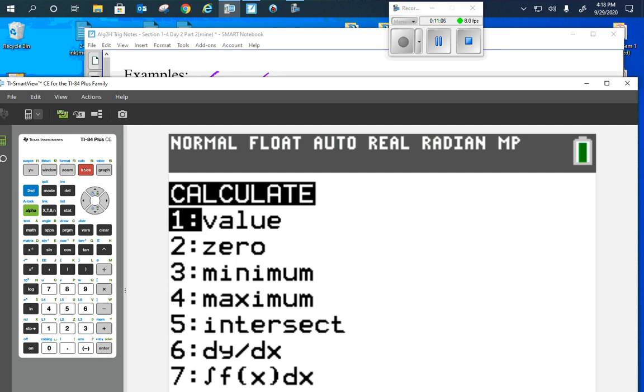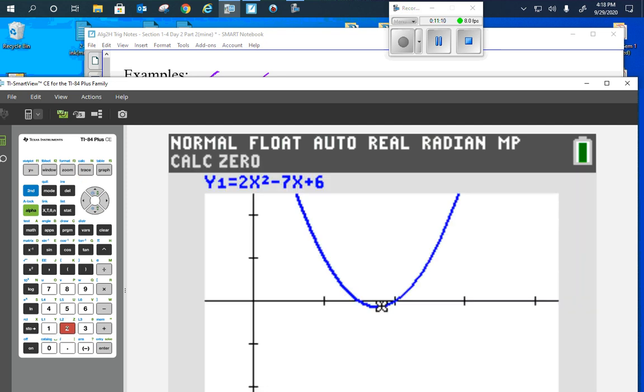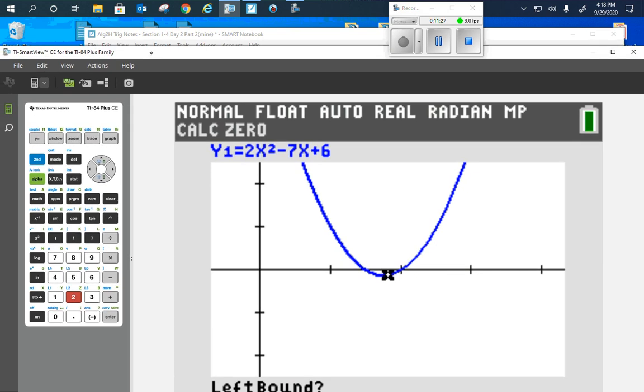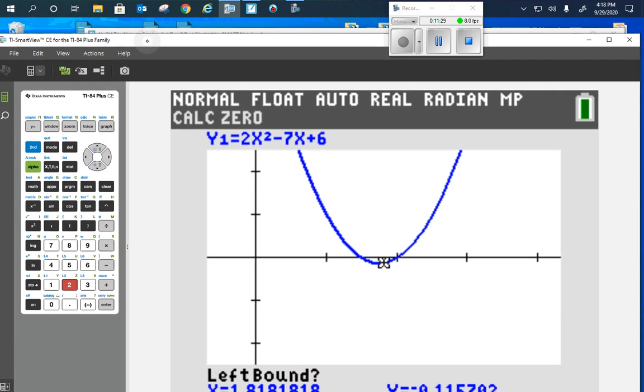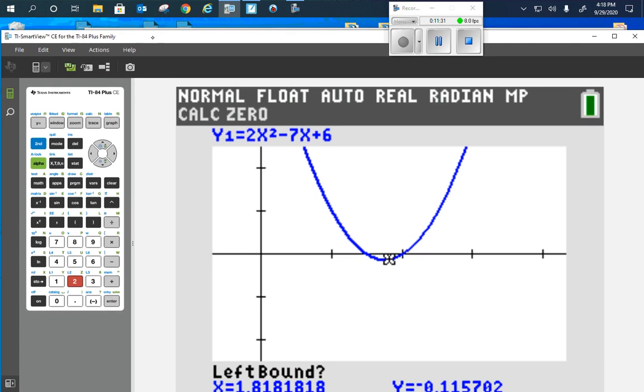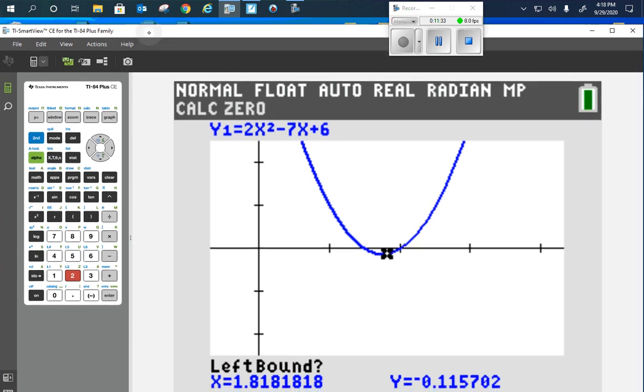So if we want to find the 0, I'm going to go ahead and say calculate number 2. And notice it now says the blue equation. And your cursor is sitting somewhere in the middle. Always, what we said, always use your left and your right arrow key only. Now, I got to make this a little bit taller for you to see. Let's see, it might make it full screen.